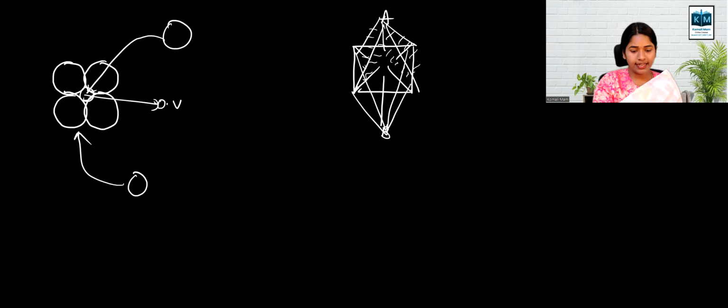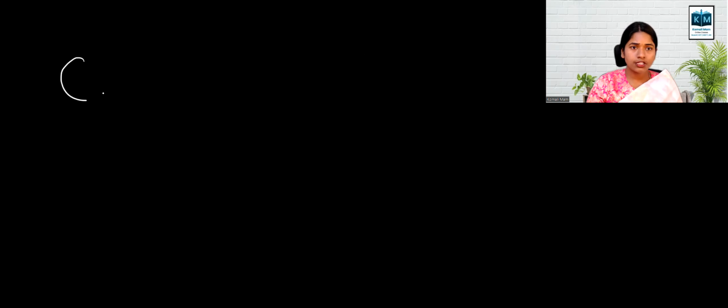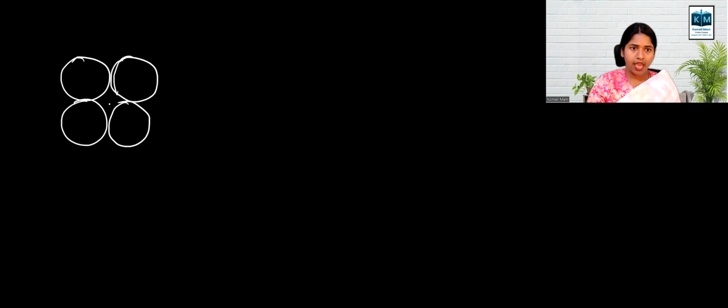How to find the relation? I'm going to explain you now. These are 4 spheres like this, and this is the void. If you join these 4 centers, it will come like a square. Now, what I'm going to do is draw one point at the center of the sphere and draw one straight line like this.